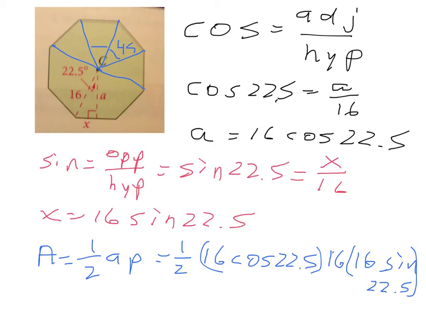If you press all this into your calculator, you're going to get the approximate area of the inner courtyard, which is approximately 724 square meters.